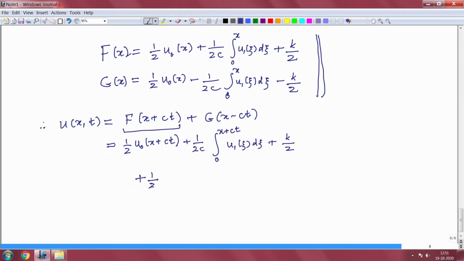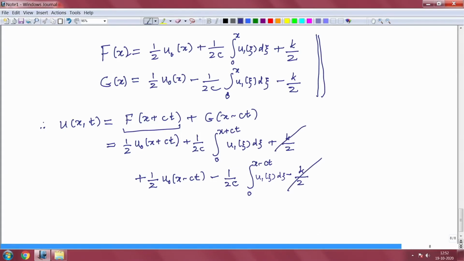and similarly for g(x minus ct), I have half u_0(x minus ct) minus 1 by 2c integral 0 to x minus ct u_1(j) dj minus k by 2. Okay. So, you immediately see that the constant of integration has no role to play.